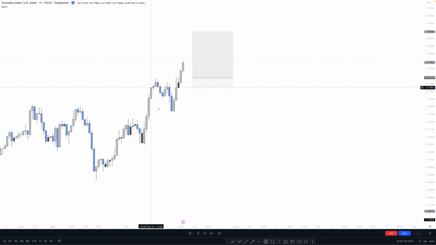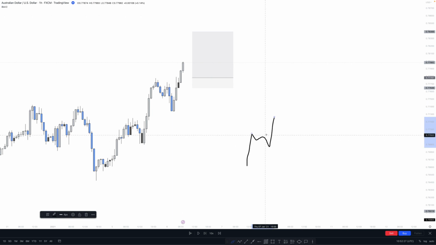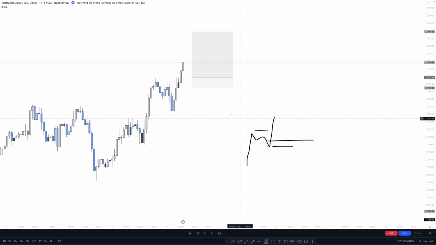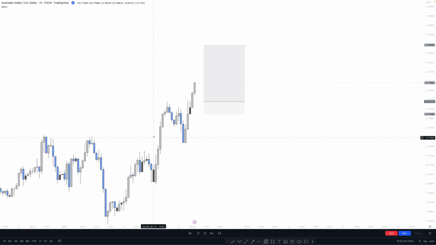Then again, what comes after the impulse? Usually comes a pullback. So you're gonna have impulse, you're gonna have a pullback, you're gonna have an impulse. If price action is breaking this high impulsively, then we can trade something here. Okay, so as you guys can see, we have this inside bar candle, and we have this impulse, correction, impulse.